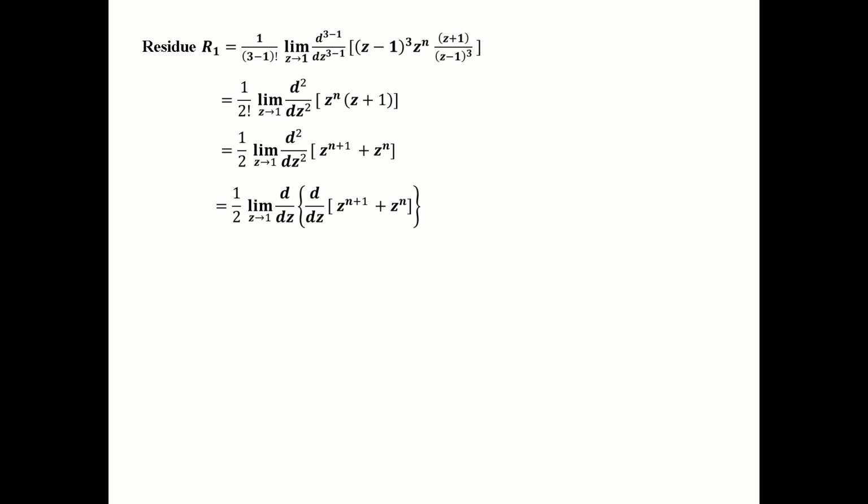That is 1 by 2 limit z tends to 1 d by dz of... we know x power n differentiation with respect to x is n into x power n minus 1. So you have to reduce 1 in the power. Similarly here n plus 1 into z power n plus 1 minus 1, so you will get z power n. Second term n into z power n minus 1.